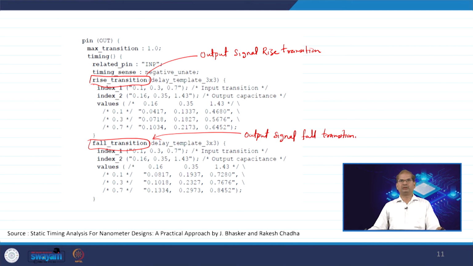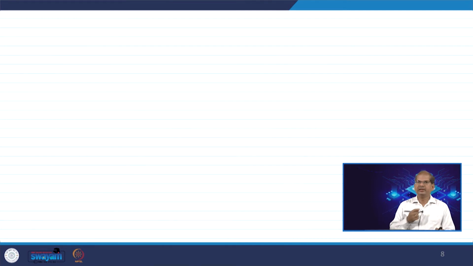Here we will discuss what is the use of these tables and how they are created.